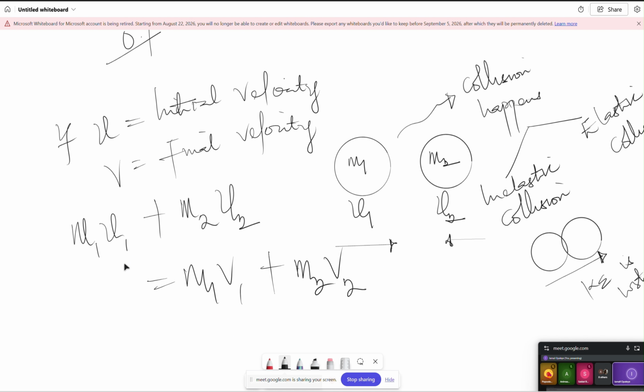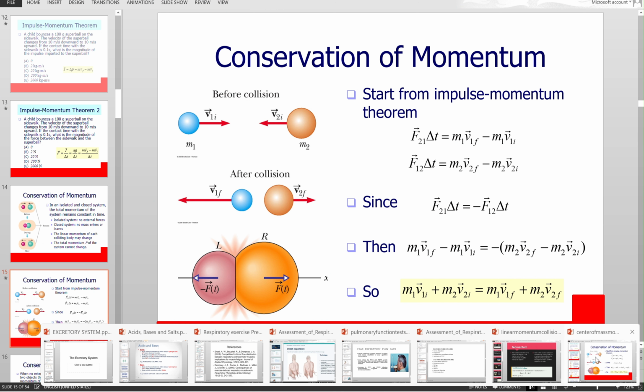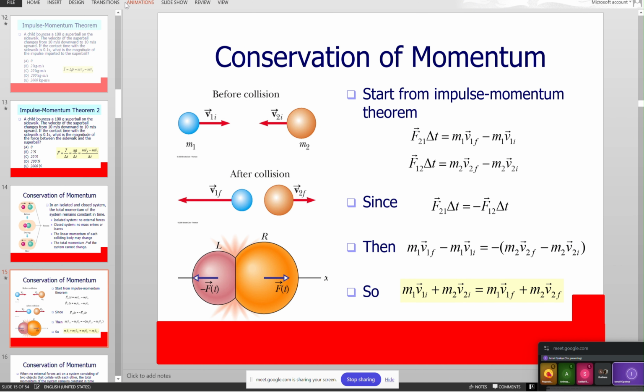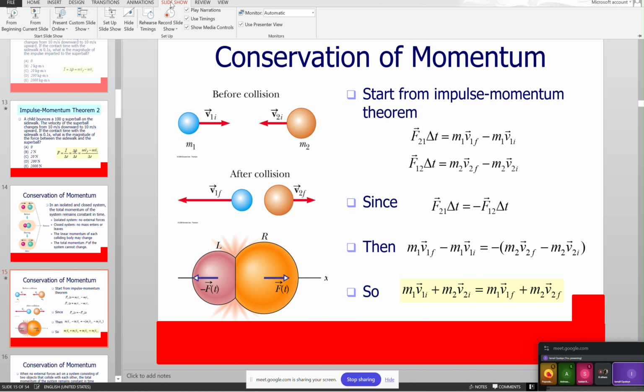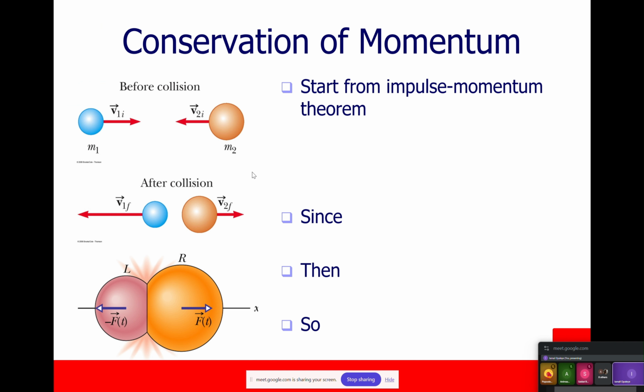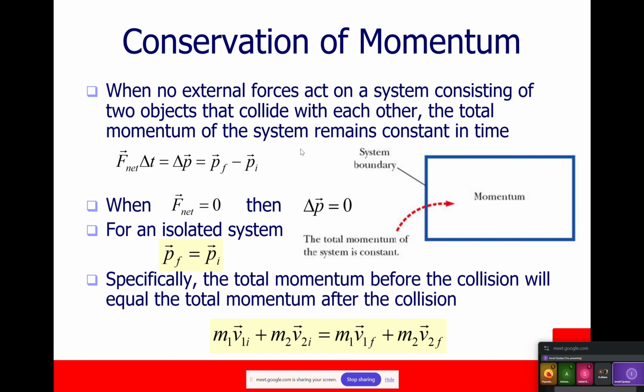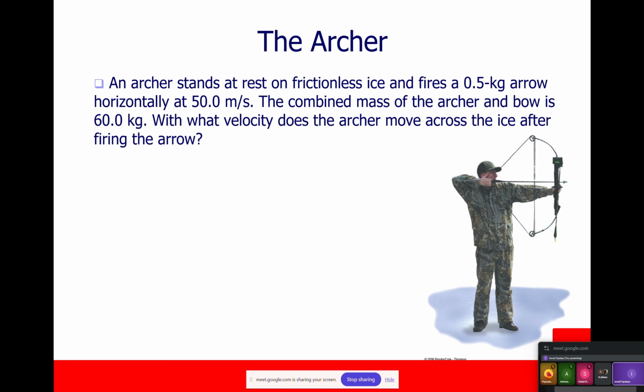Is this one u1? Is this one u2? Is this one v1? Is this v2? If you're able to label those parameters, then solving the question will not be difficult. Okay, so now let's proceed. I think we are done with this one. So conservation, yes, we've talked about that.